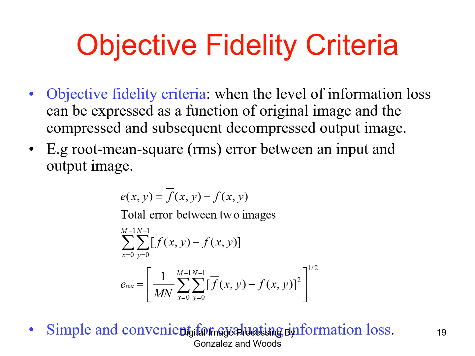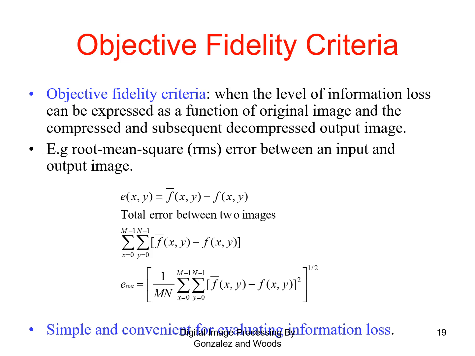So what is objective fidelity criteria? When the level of information loss can be expressed as a function of the original image, the compressed image and the corresponding decompressed output image, that is called objective fidelity criteria.